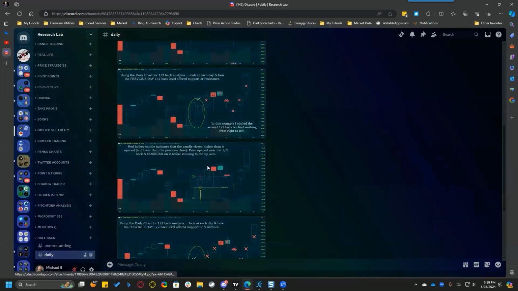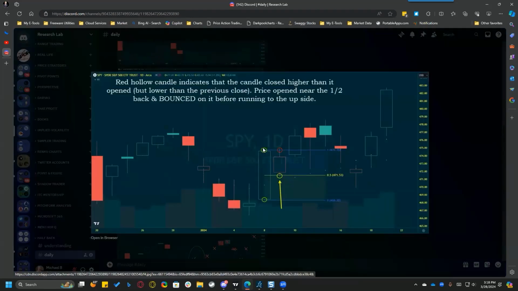And we can now look at a little bit more detail where I put on the measurement. A red hollow candle indicates that the candle closed higher than it opened, but lower than the previous close. So just like in the last example where we had a filled green candle instead of a hollow green candle, most of the time, red candles are not hollow.